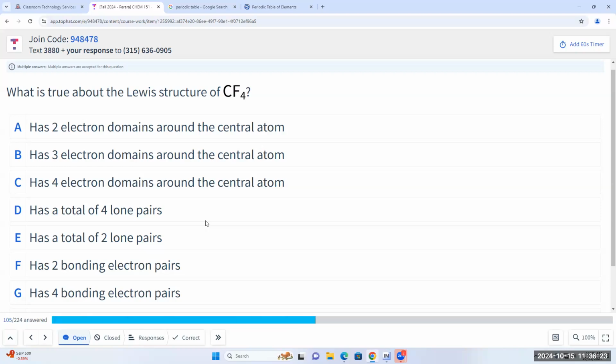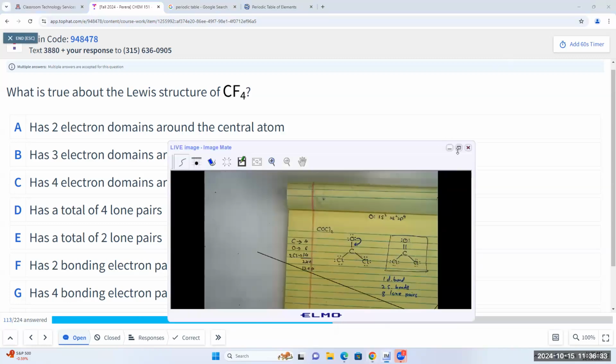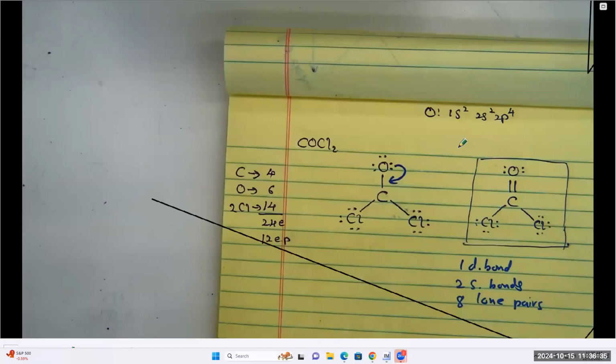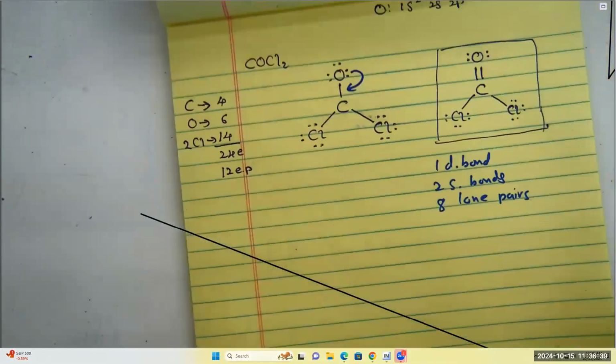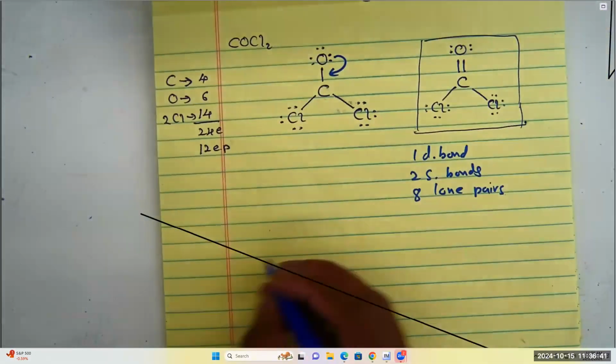Oh, so I just saw it. Okay, so it talks about electron domains. All right, let me mention that so that there's no confusion. So what is meant by electron domains? Okay.